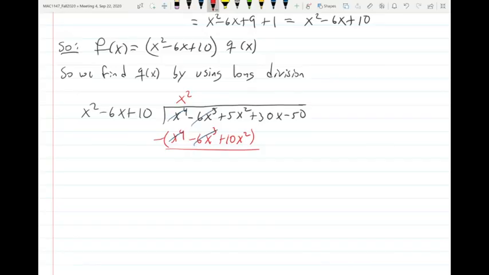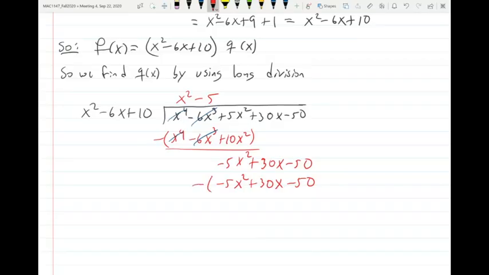It's nice. So we have negative 5x squared plus 30x minus 50. The degree is the same, so we continue. So we put the minus 5 here. So we get negative 5x squared plus 30x minus 50.